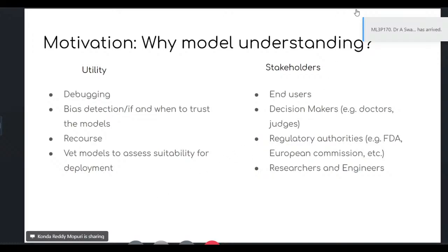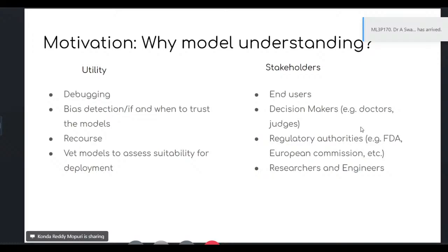Starting from there, a lot more applications will be handled by computers. AI will drive some of these applications. So we need to be really confident and we need to trust them. Only then can we deploy. Otherwise, it will not go according to plan. All right, it's all understood.